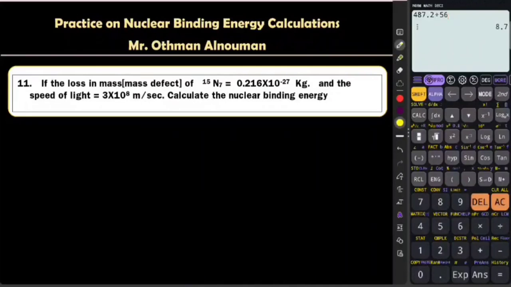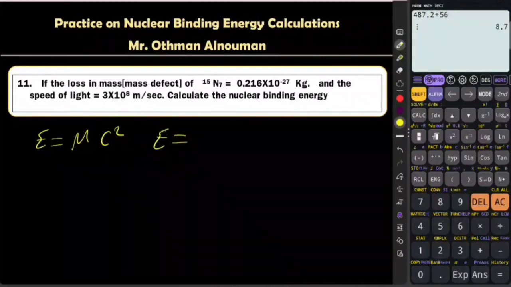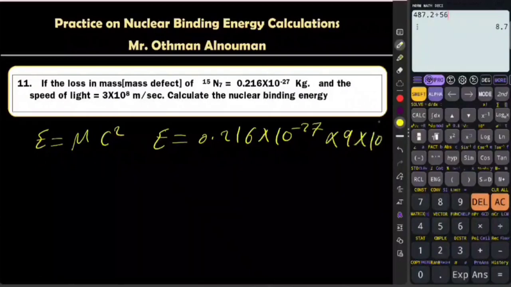We have the loss mass. Now, energy equals mc square. Energy equals m, which is 0.216 times 10 to the power of negative 27. This times 9 times 10 to the power of 16, which is 3 times 10 to the power of 8 square. Let's do this one.